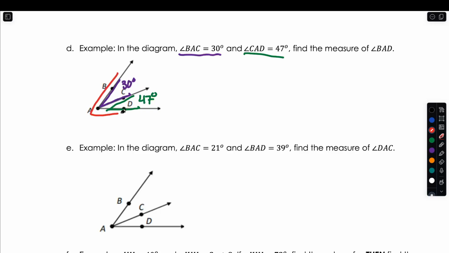B to A to D. So how do we do that? Add them up. 30 plus 47 is equal to 77. So the measure of angle BAD is equal to 77 degrees.